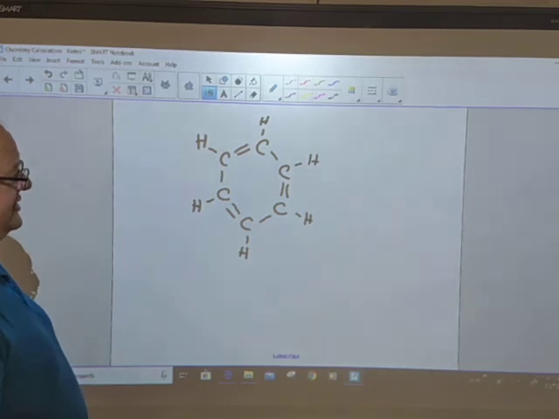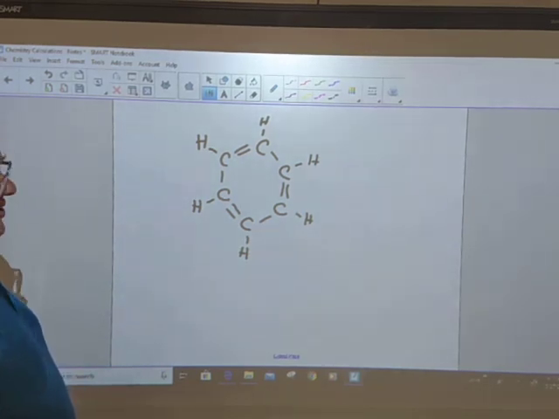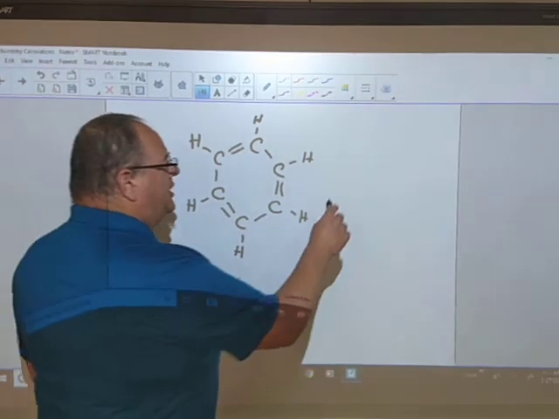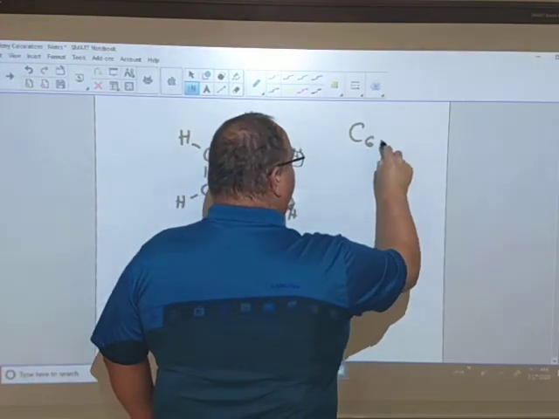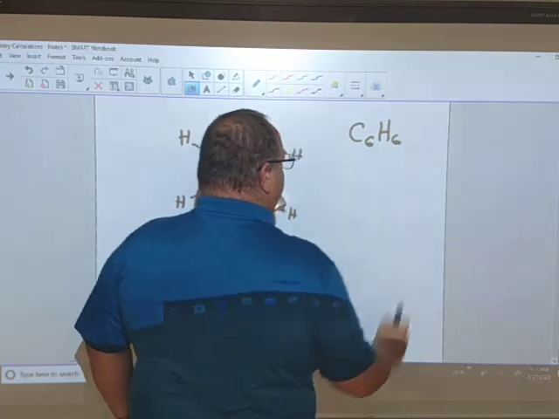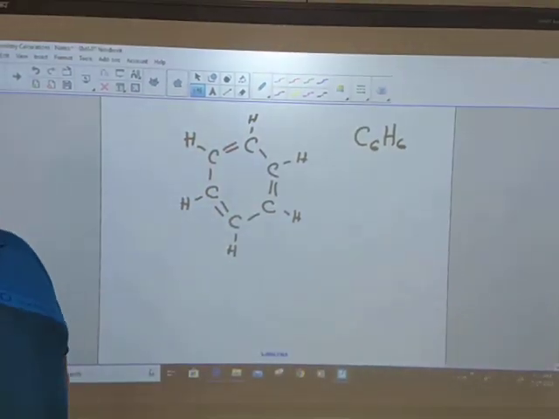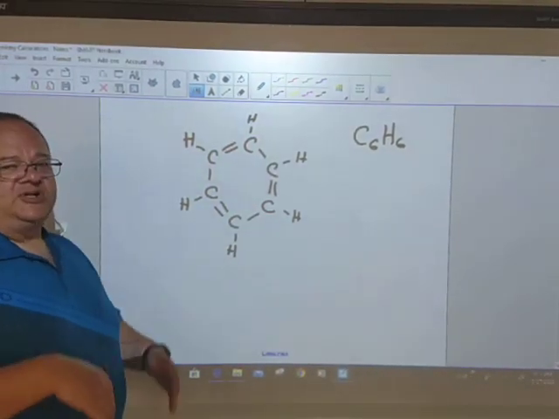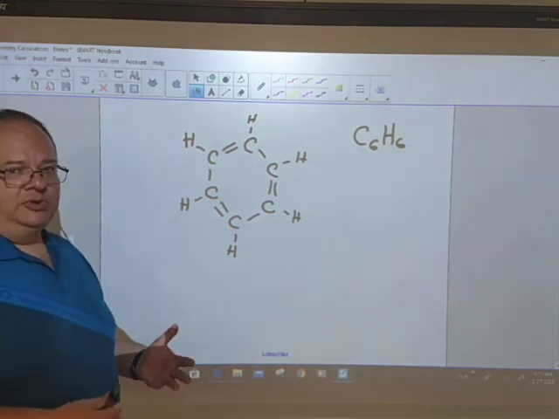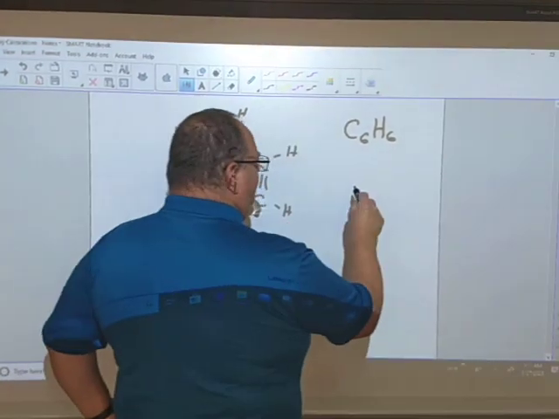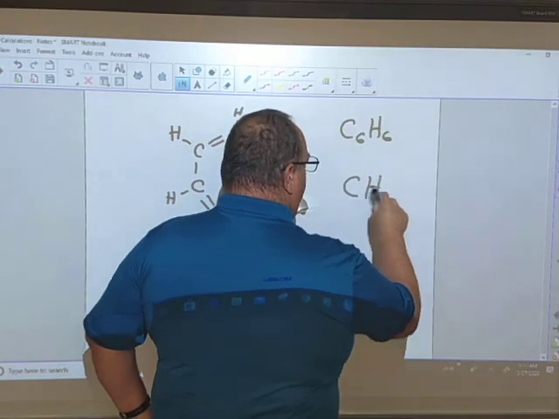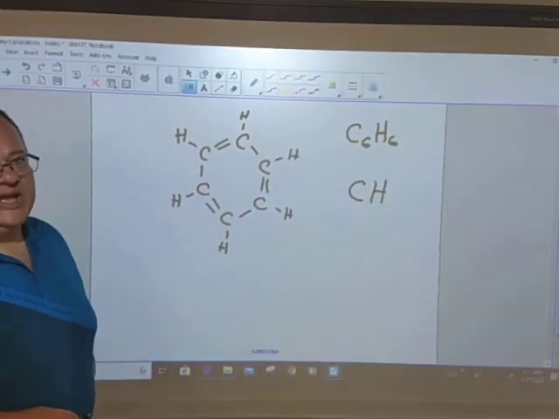It's got alternating single and double bonds in a carbon ring, a 6-atom ring, and then 1 hydrogen on each. And so if you count up, the molecular formula is C6H6. The empirical formula only gives us the lowest ratio, the simplest ratio. So if we were doing an empirical formula calculation for this, we'd come up with CH.